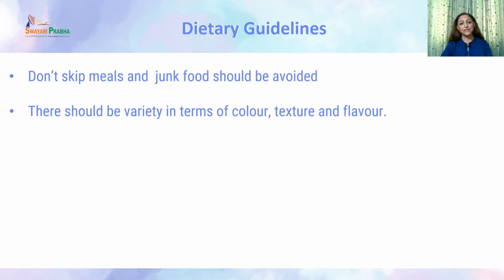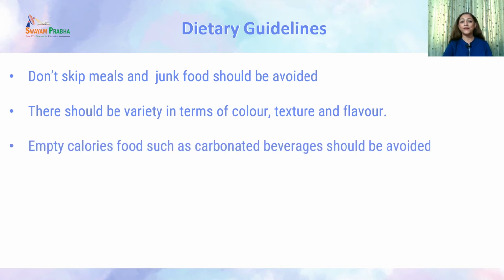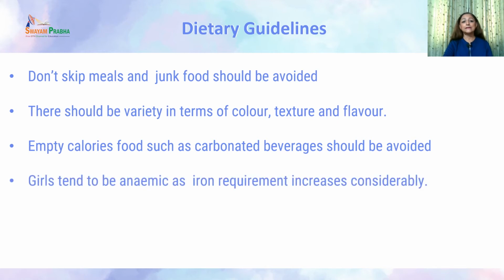Adolescents are quite fussy, especially girls, about eating at home. So if meals are attractive, it will encourage them to eat at home. And empty calories coming from various foods such as carbonated beverages should be avoided. And girls tend to be anemic as their iron requirements increase tremendously.